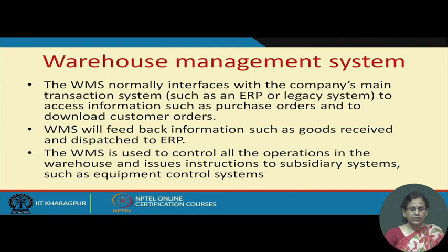This WMS will feed back information such as goods received and dispatched back to ERP. The WMS can also control all the operations in the warehouse and issue instructions to subsidiary systems such as the equipment control system.